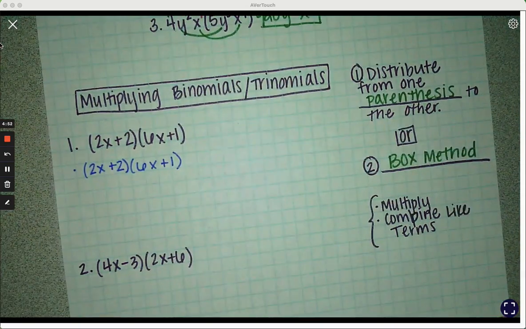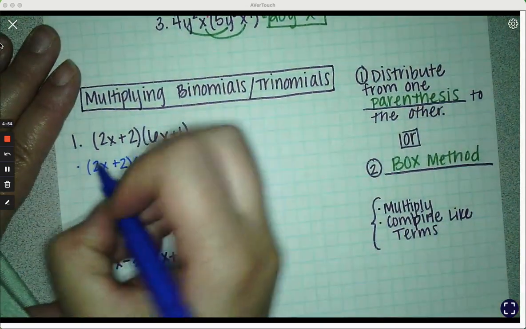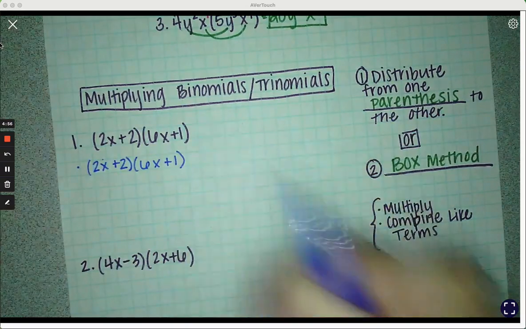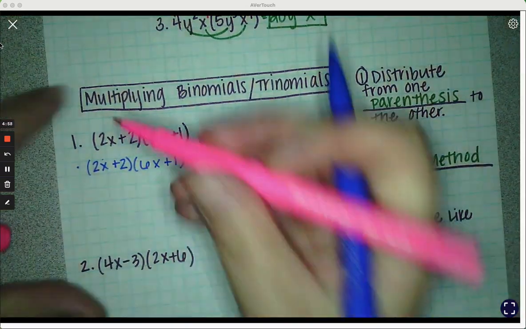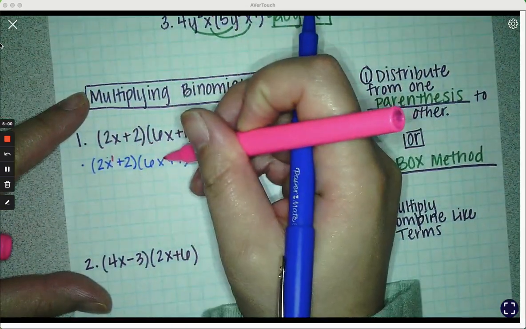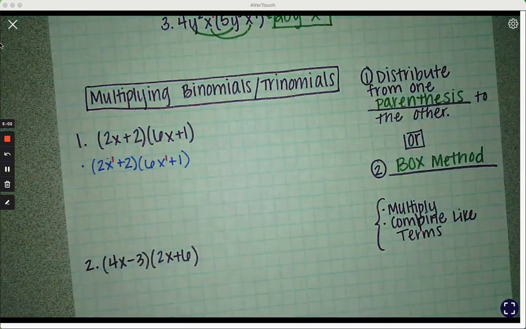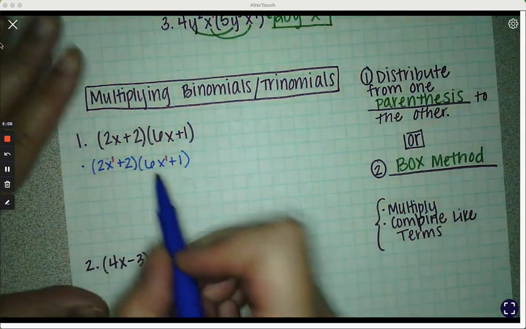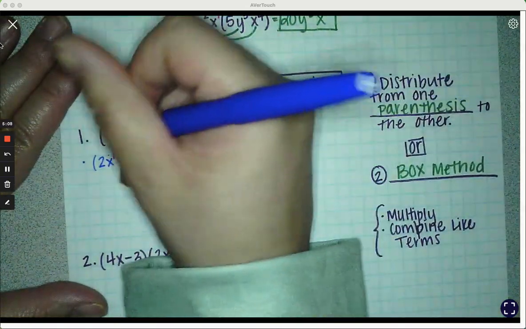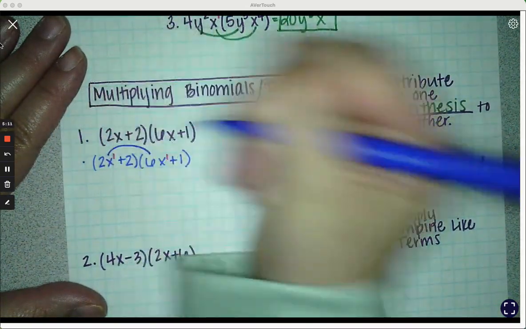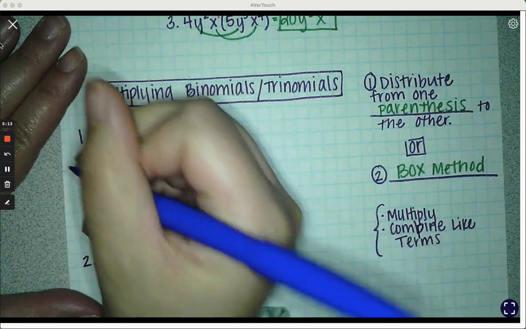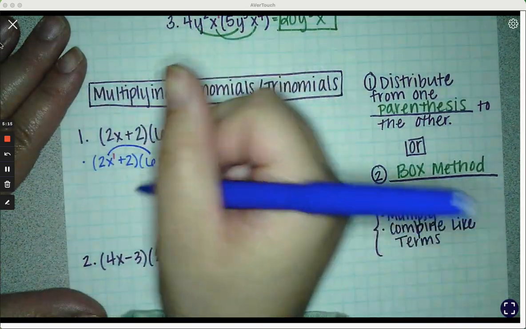All right, so when I say distribute, that means I'm going to take this 2x and, before I do that, I'm going to write in my exponents here so I don't get confused. And now I'm going to distribute this 2x to everything in this second set of parentheses. So I'm going to go 2x times 6x, which is the same thing.